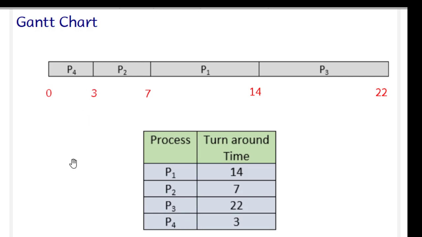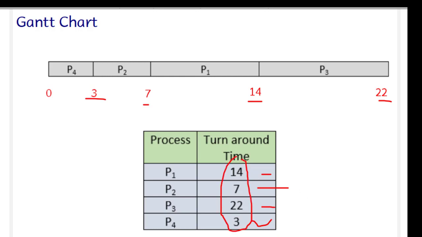P4 ends at 3, so this is the turnaround time for P4. For P2 we have 7. For P1 it is 14, and for P3, the last one, it is 22. These are the individual turnaround times.